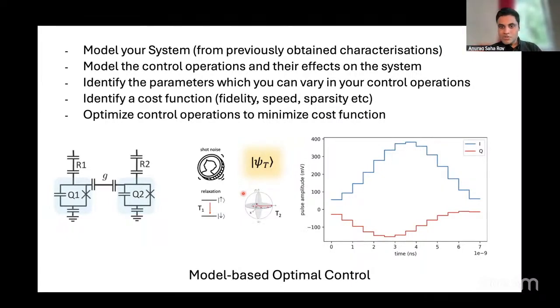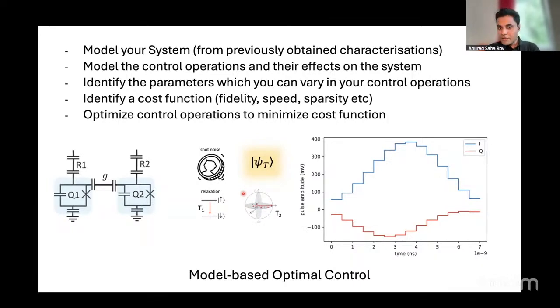You can now use this model to do something that we call model-based optimal control. If there are people on the call who have a background in electrical engineering or control theory, you would identify that optimal control is something that you learn in your control systems course, where you basically have a cost function and you're trying to identify operations or trajectories or instructions that let you minimize the cost function.